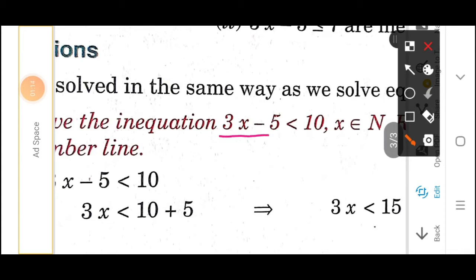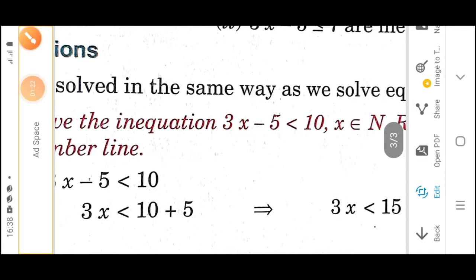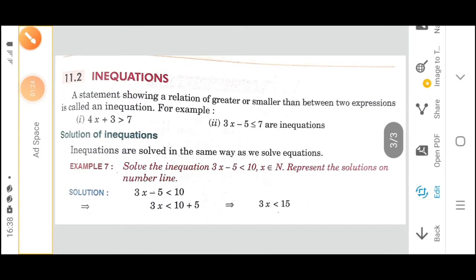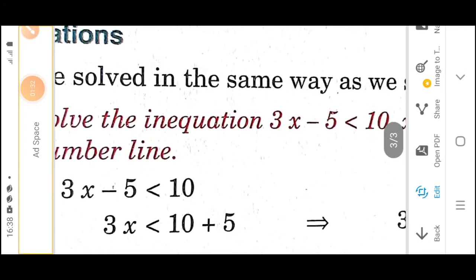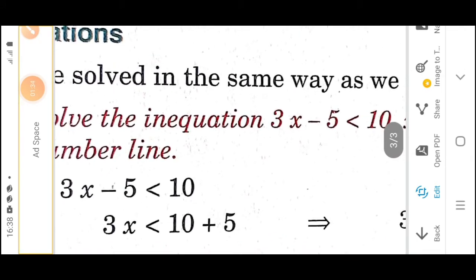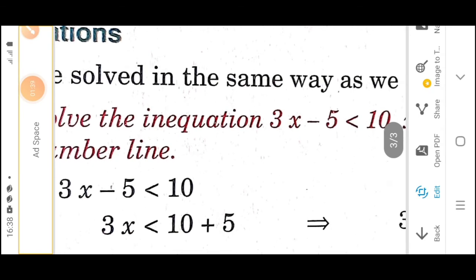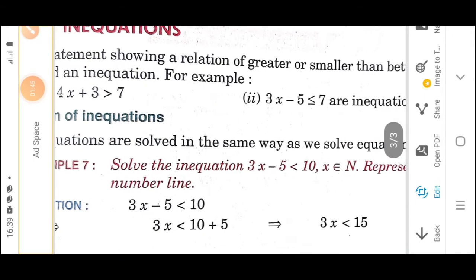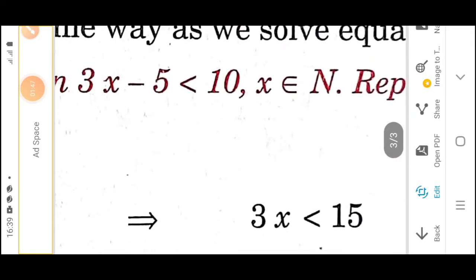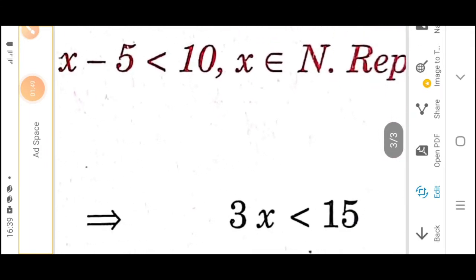3x minus 5 is less than 10, x belongs to natural numbers. Represent the solution on the number line. The first line: 3x minus 5 is less than 10. So 3x is less than, on transposing we get 10 plus 5, and on simplifying the right hand side we get 15. 3x is less than 15.